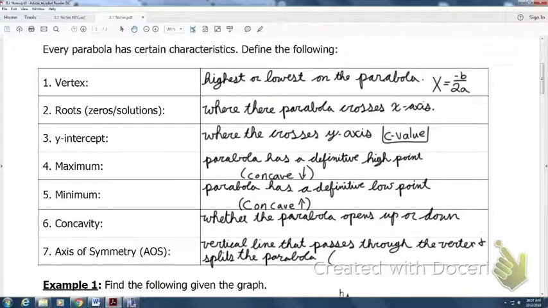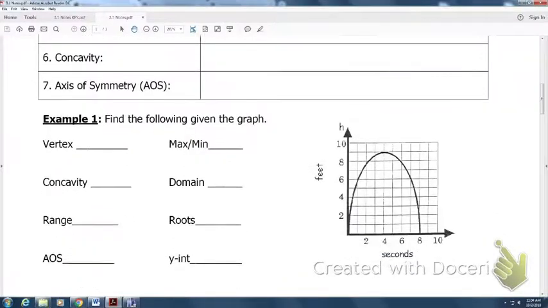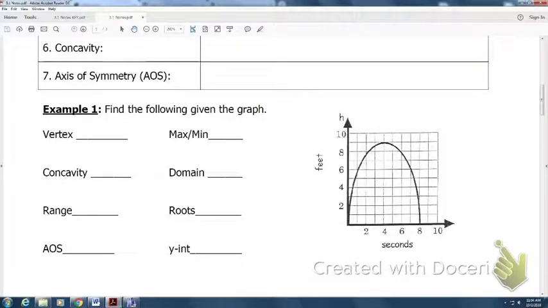Now, whenever we did absolute value, how did I always write the axis of symmetry? X equals. And it was always x equals what number? The x value of the what? Of the vertex. Of those characteristics we talked about by looking at that graph.